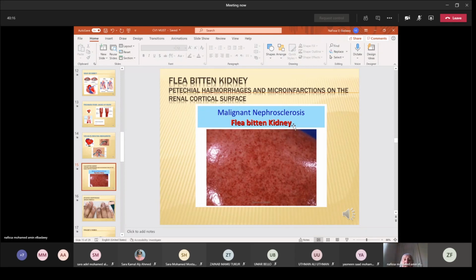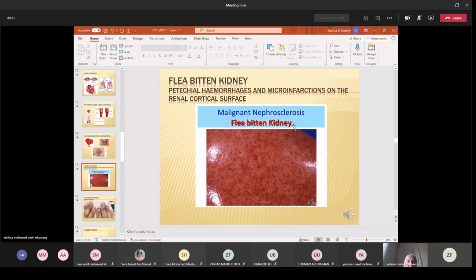Also, in cases of subacute bacterial endocarditis, when the emboli go to the kidney, they cause many areas of petechial hemorrhages on the surface of the kidney, which gives an appearance as if the kidney has been bitten by a flea.